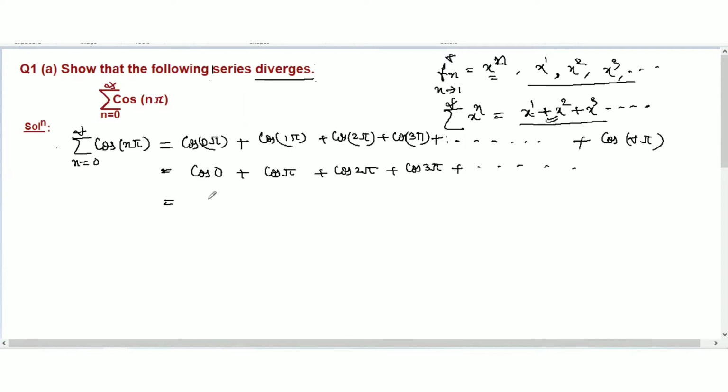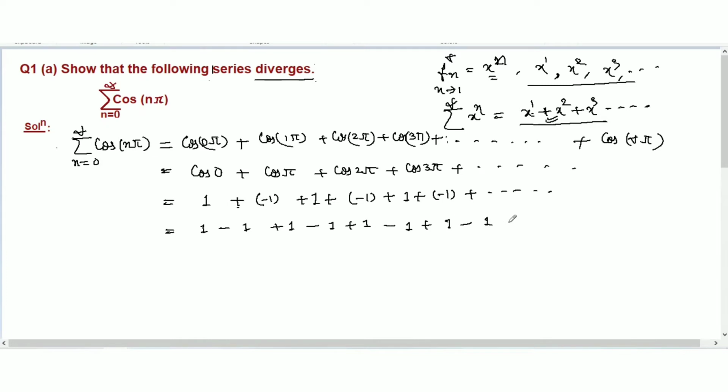Cos of 0 will give me 1, plus cos of pi will be minus 1, plus cos of 2 pi will be 1, and plus cos of 3 pi will be minus 1, and this way we get the series. So it is 1 minus 1 plus 1 minus 1 plus 1 minus 1 plus 1 minus 1. It will go like this.